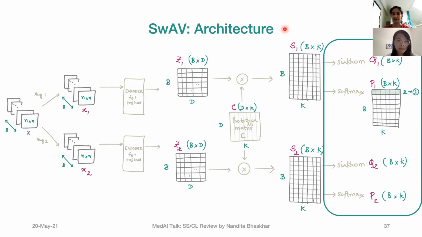Sorry, I have a question here. Is the K the number of classes in the data set? It's not the number of classes. K is the number of clusters that you are trying to cluster into. So it's like a hyperparameter? Yes.